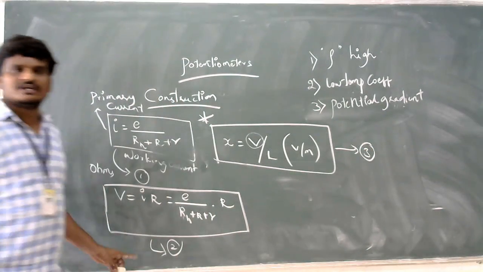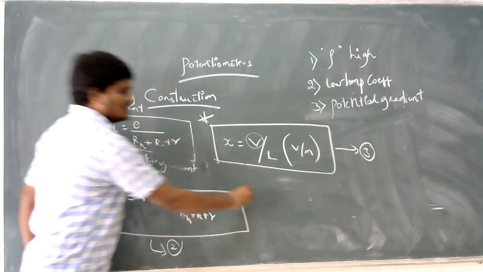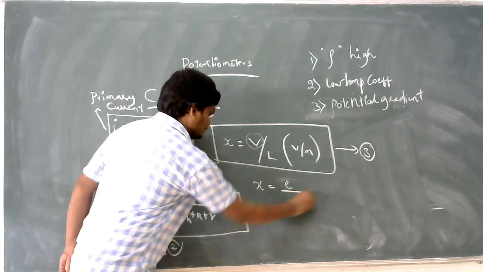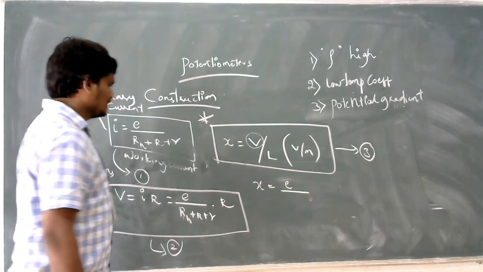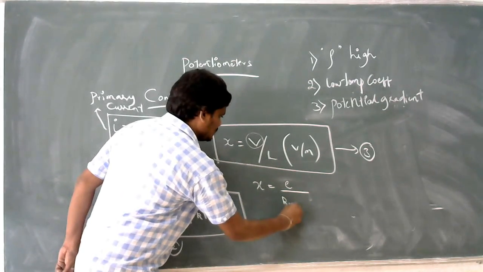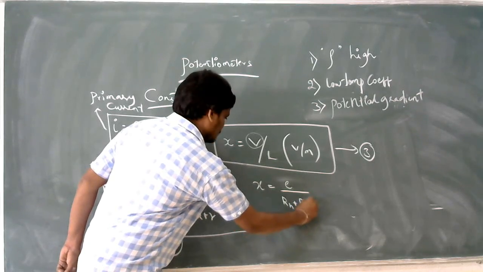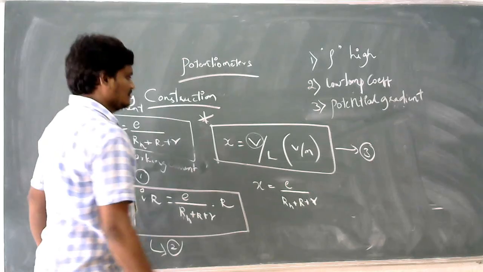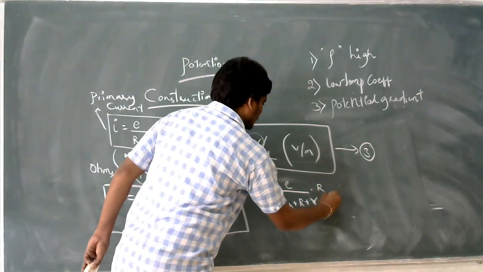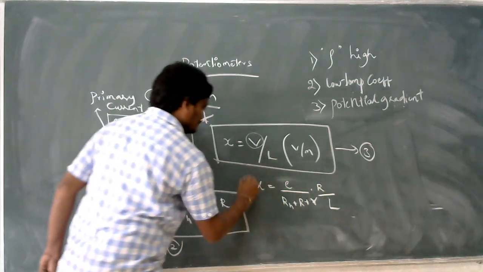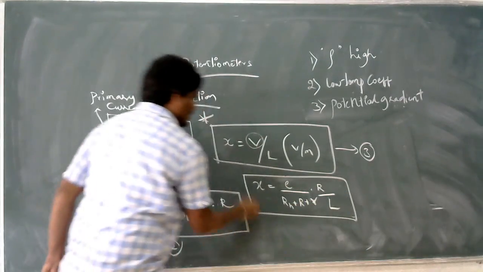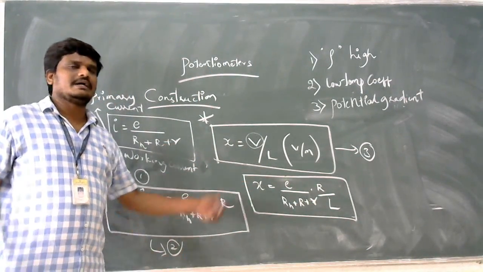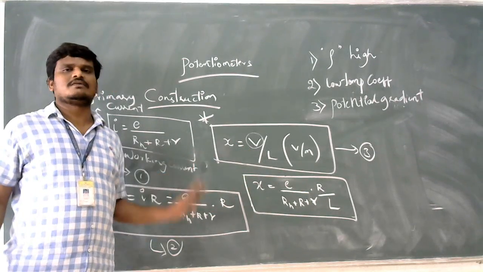Now substituting equation number 2 in equation number 3, what is the equation I will get? E by (RH plus R plus r) into R by L. This is the final expression for potential gradient that I have obtained by substituting the value of voltage.